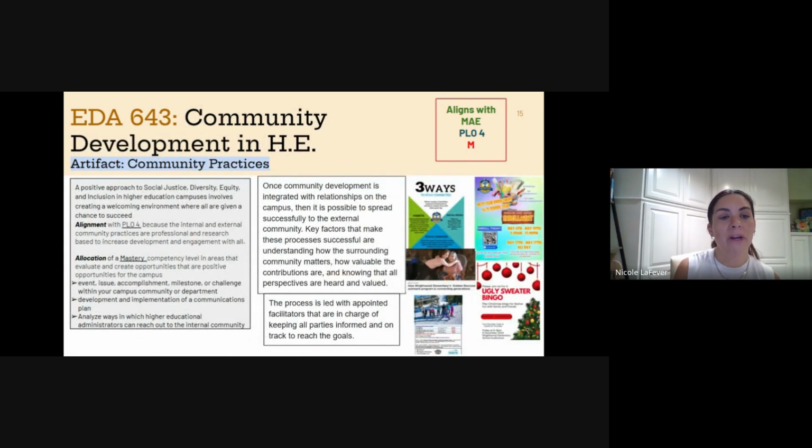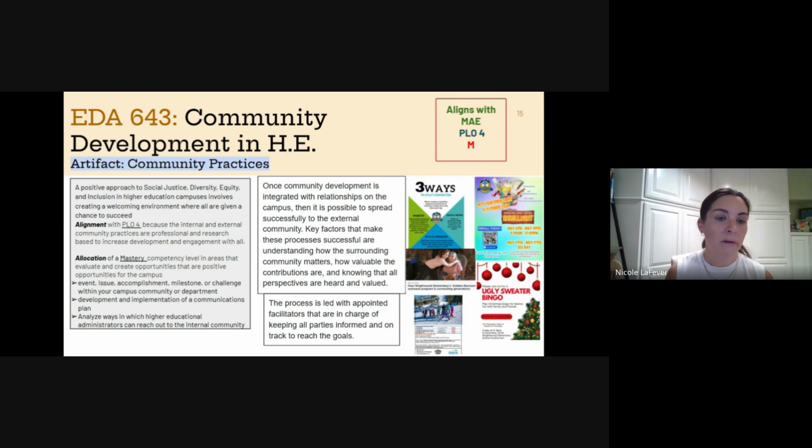Next for PLO 4 is from EDA 643, Community Development in Higher Education. There are some artifacts that show community practices right now with the campus I work at. Providing that positive approach to social justice, diversity, equity, and inclusion in higher education campuses involves creating a welcoming environment where all are given a chance to succeed.